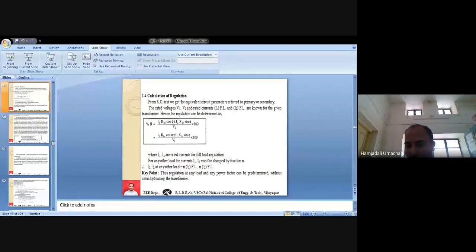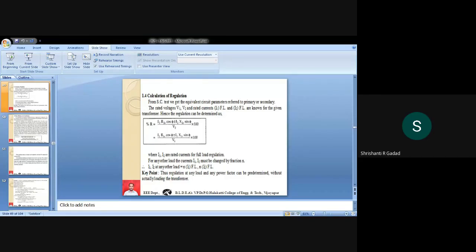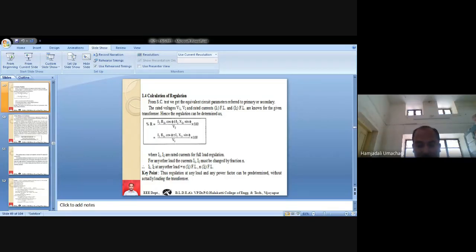Let me explain it in a minute. Yes, can you see this Paint window screen, all of you? No, sir. Wait a minute.